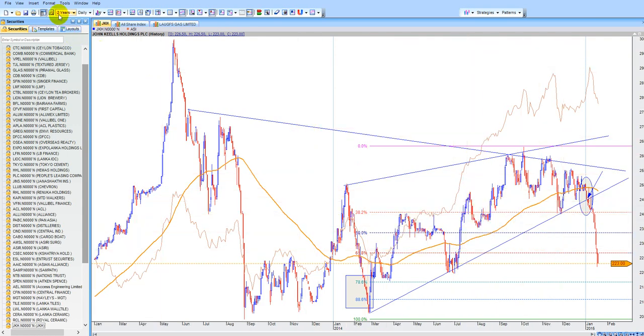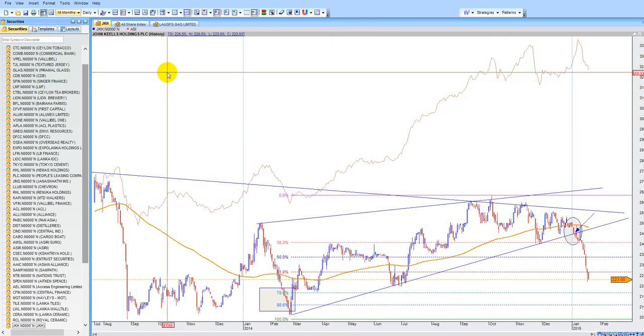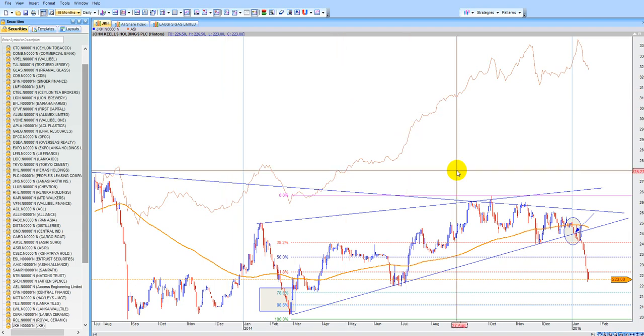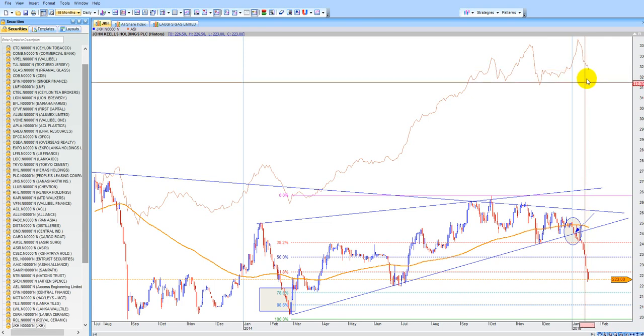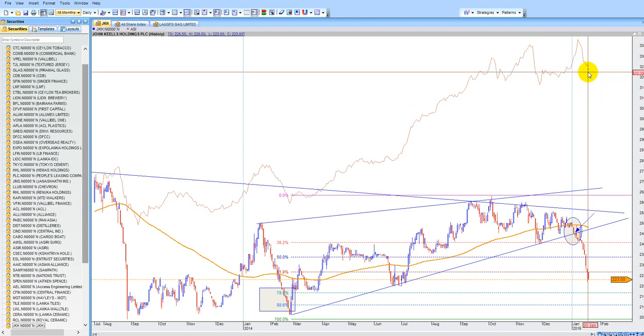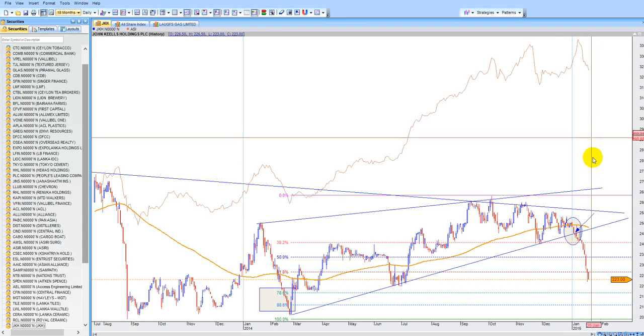So I'm looking at the 2 year history. So I would try to go for the 18 months comparison here. Now what we are seeing here is that there is a big gap between the ASI and the share price.